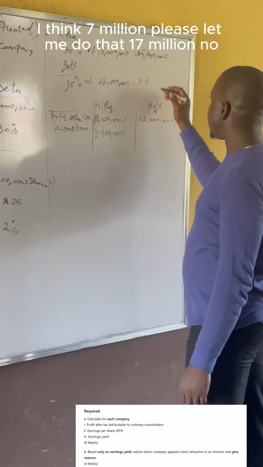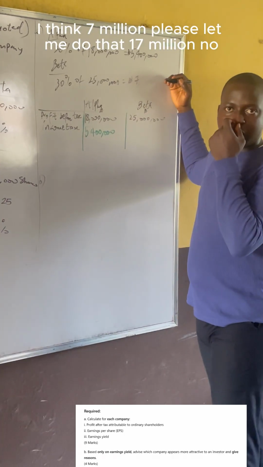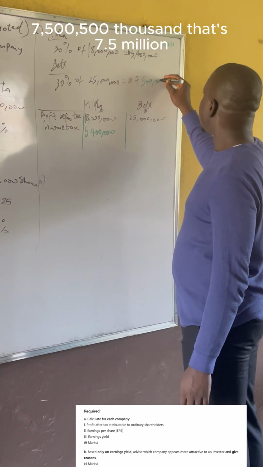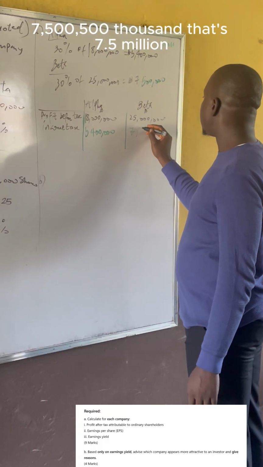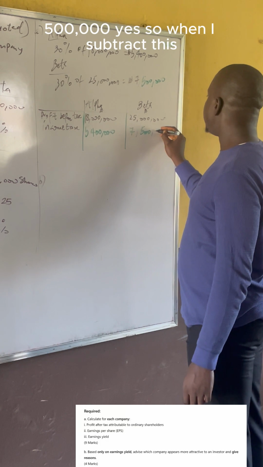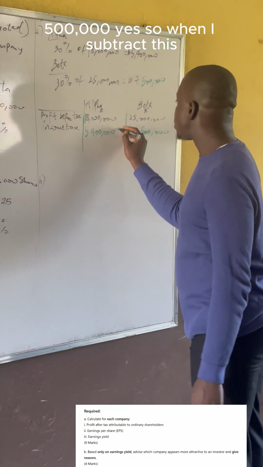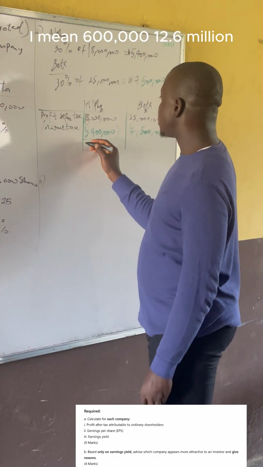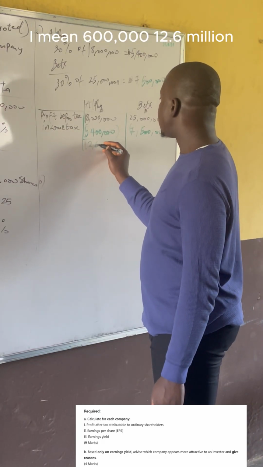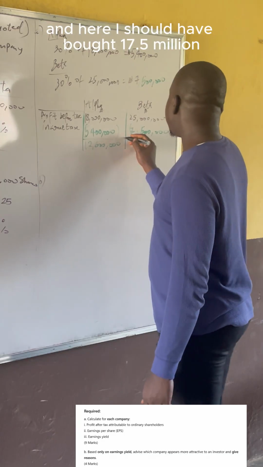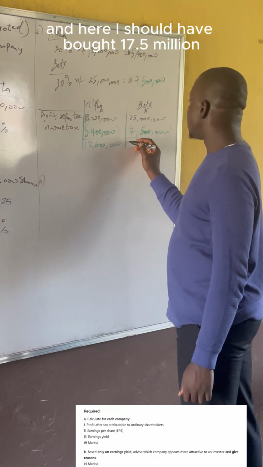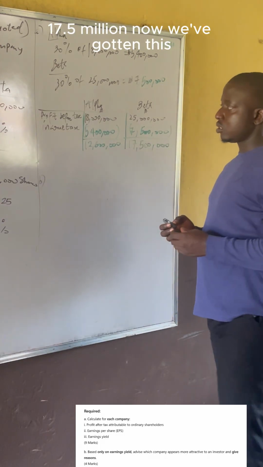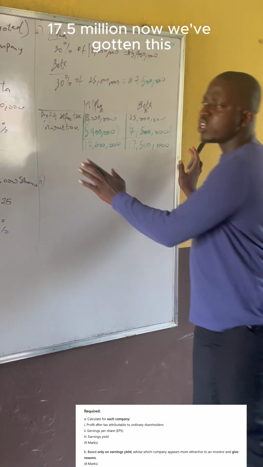Subtracting, we get 12,600,000 for Alpha and 17,500,000 for Beta.